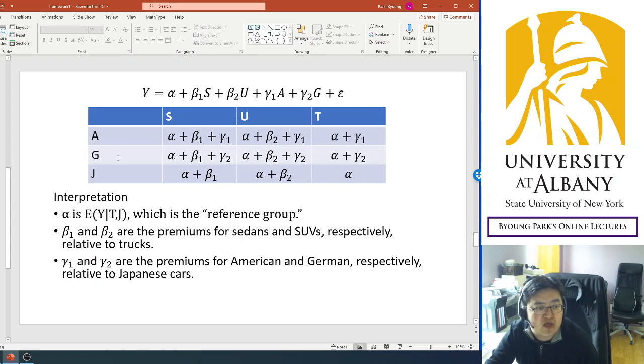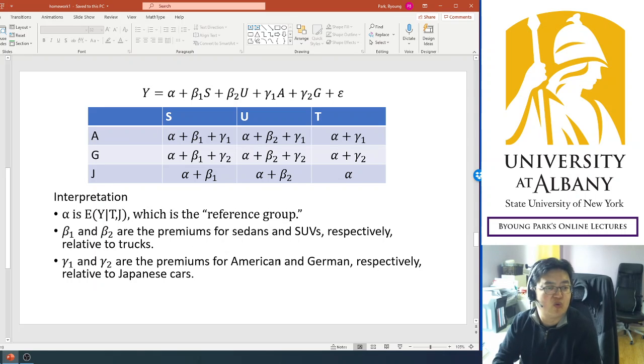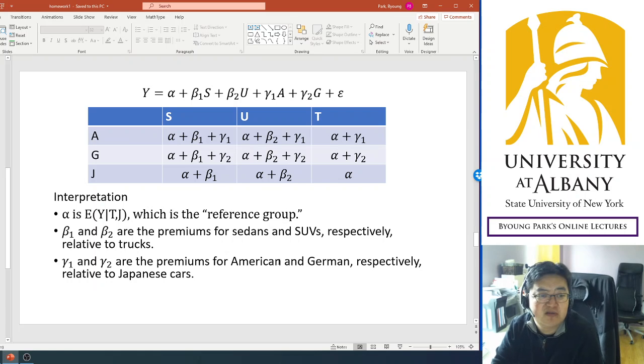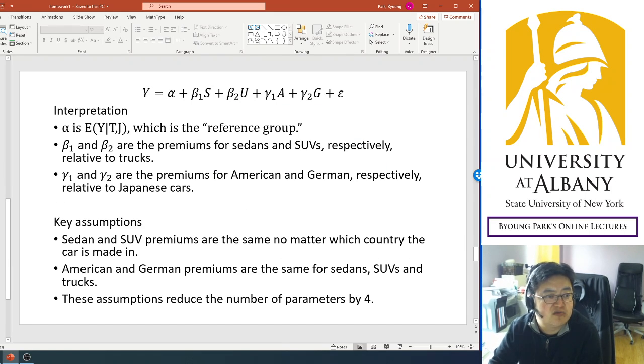Gamma 1 is the premium for American cars relative to Japanese cars. By the way, it's neutral; I'm not saying the premium is positive or negative. And gamma 2 is the difference of German from Japanese. That is what your regression equation gives, and its interpretation.